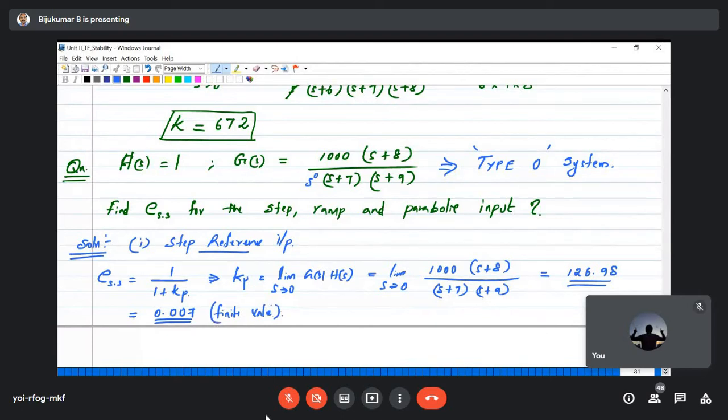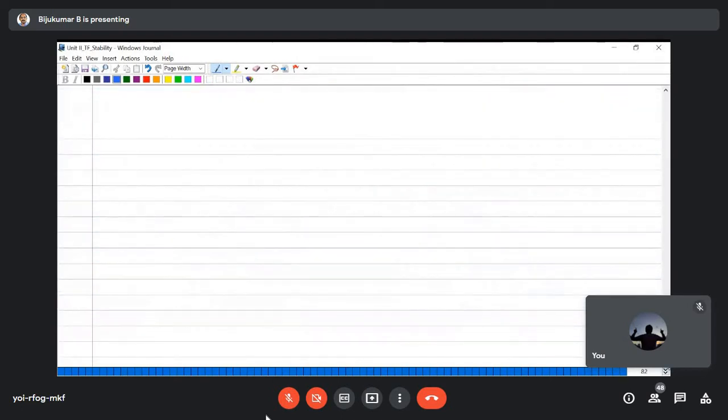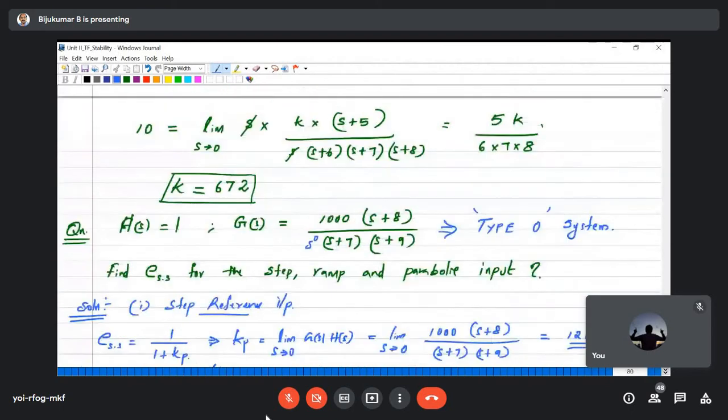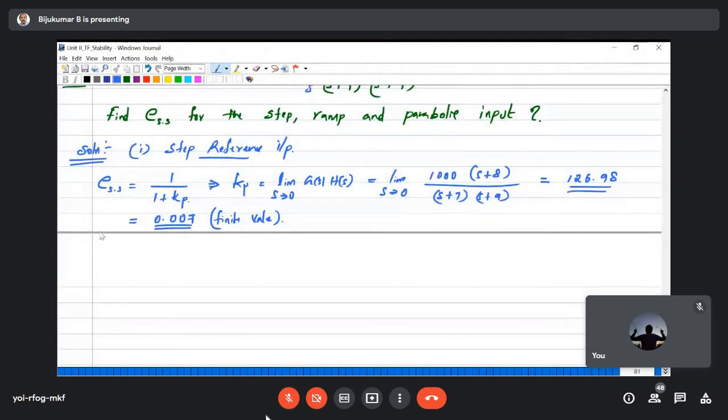Okay. Now, what about the others? Directly you can write, right? You don't need to evaluate it. For ramp input, what is Kv? If it is a type 0 system, Kv is 0, right? So obviously the steady state error becomes infinite.